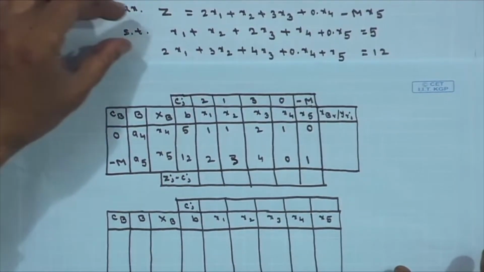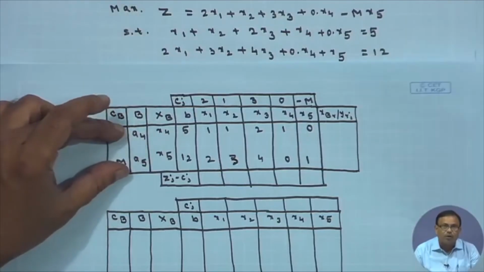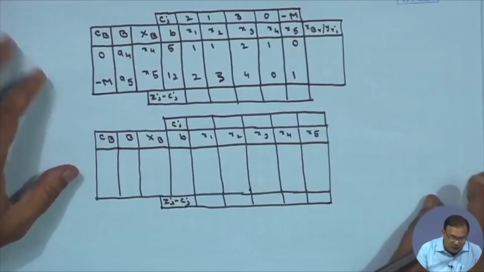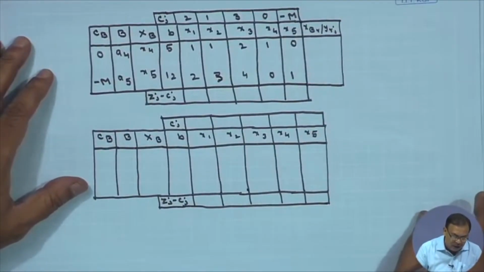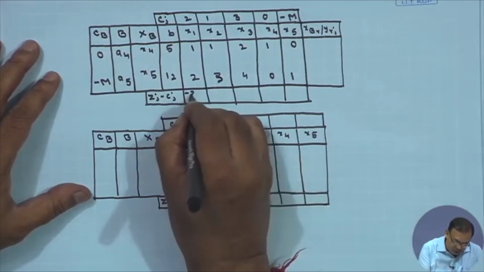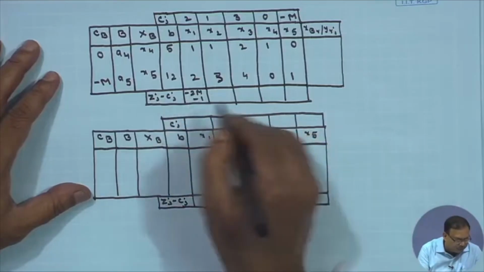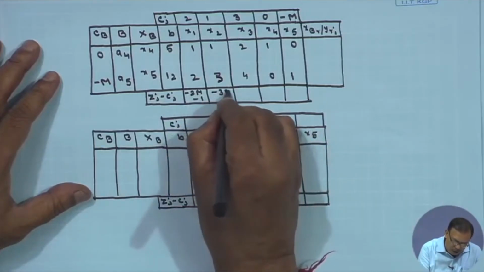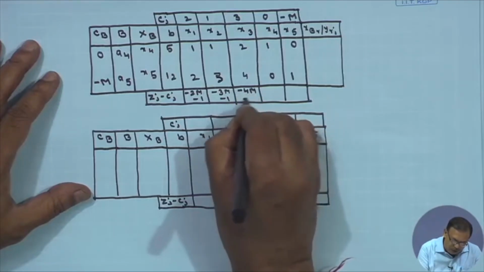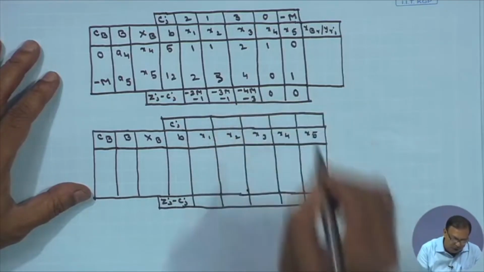Your standard problem you have now written in the tabular form of the simplex method. As usual, calculate the value of zj minus cj using the formula Cb into b minus cj. So, the values will be minus 2M minus 1, minus 3M minus 1, minus 4M minus 3, and 0 and 0.